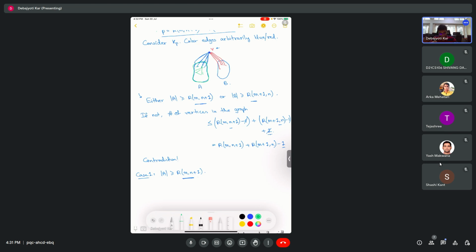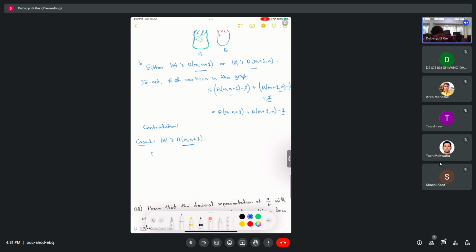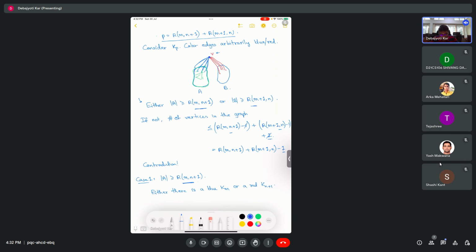So either there is a blue complete graph on m vertices or there is a red complete graph on n plus 1 vertices. Now if this is the case, then we are done.